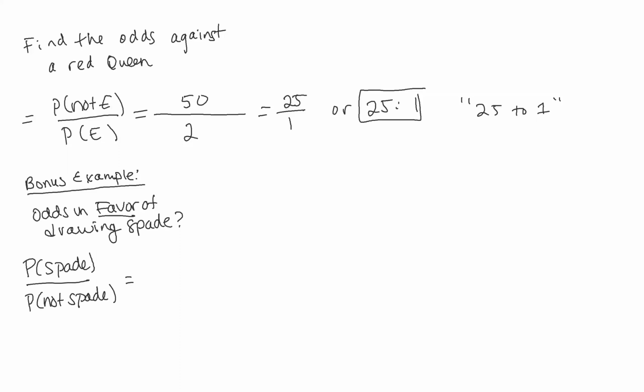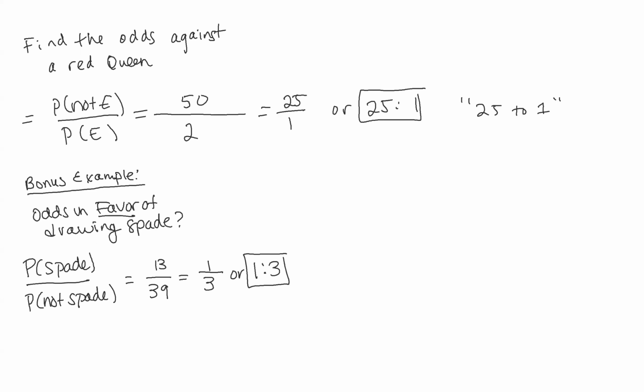Well, in a regular 52 card deck, there are 13 spades. And then the ways that we would not draw a spade would be, well, if you've got 52 cards and you know 13 of them are spades, that means 39 are not. So this reduces to 1/3 or 1 to 3. So for every spade, there are 3 cards that are not spades.